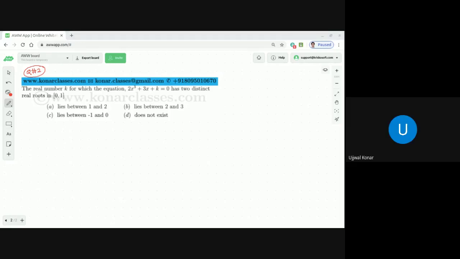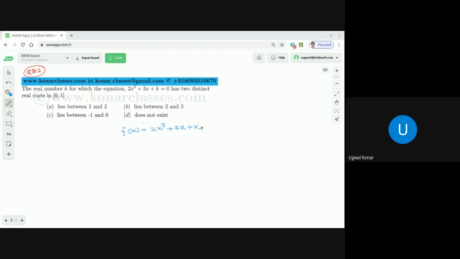So let us assume that f(x) equal to 2x cube plus 3x plus k.